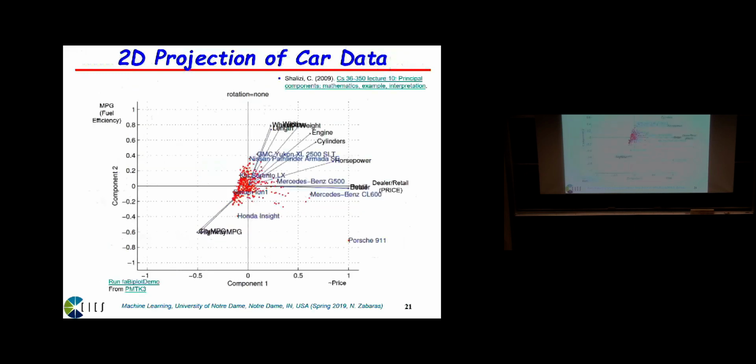So what you get in this case are these projected points from the different data. By accident, the horizontal axis corresponds to the input dimension that is related with the dealer and the retail price of the car, and the vertical axis turns out to be related with the fuel efficiency of the car. This is sort of misleading, because there's absolutely no reason when you do this latent representation that it will have any physical meaning.